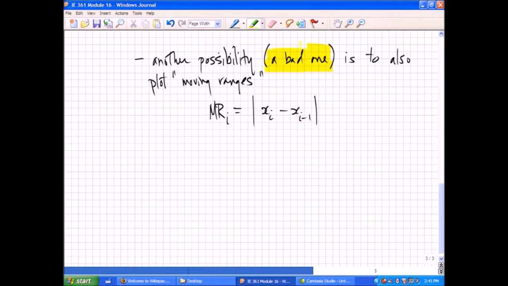What would I use for control limits for moving ranges?